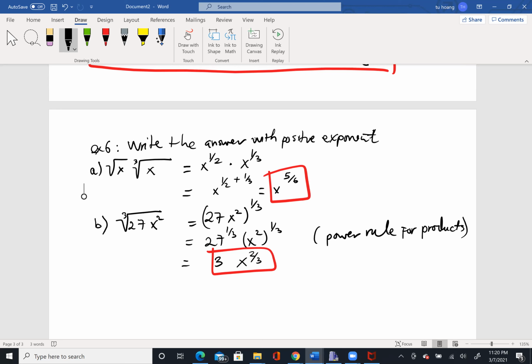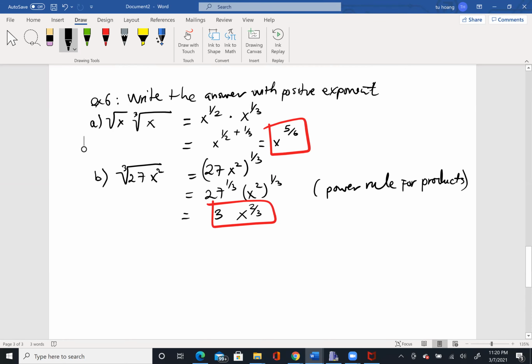And let's see, I'm going to have C. x squared over 81 to the power -1/2. I can first change it to become the positive power. So that will be 81 over x squared to the 1/2, right?